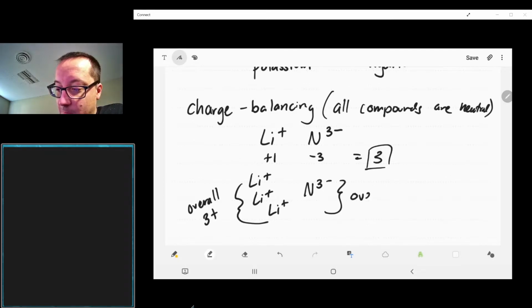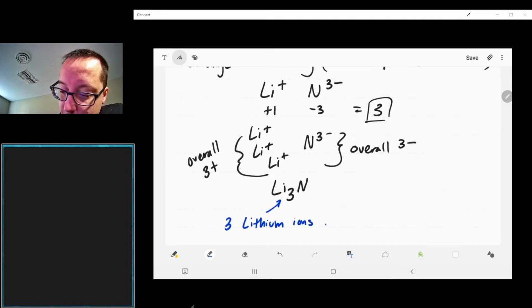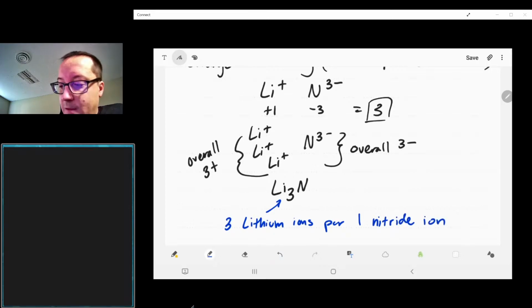And overall, that one's 3-. That means these are going to be balanced out. And we would write this compound like so. We have the subscript telling us there are 3 lithium ions per 1 nitride ion. So that's what the chemical formula is telling us there.